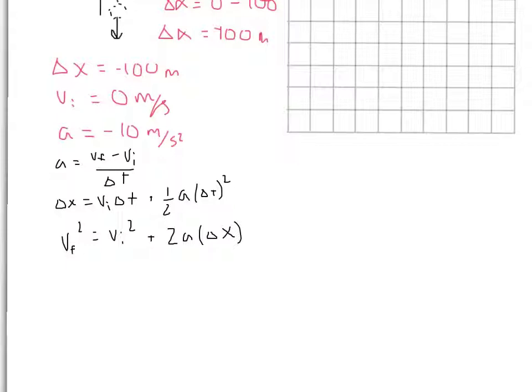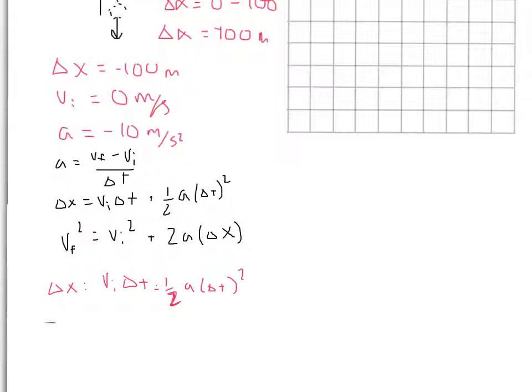So, as always, rewrite our equation. Delta x is equal to v initial times delta t plus 1 half a times delta t squared.